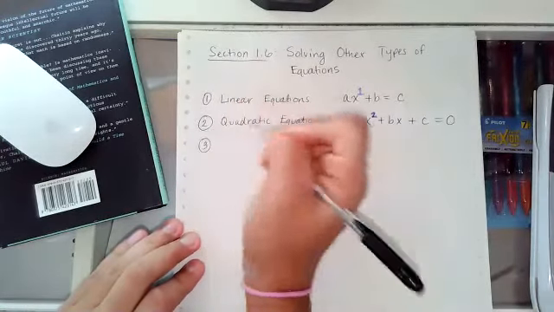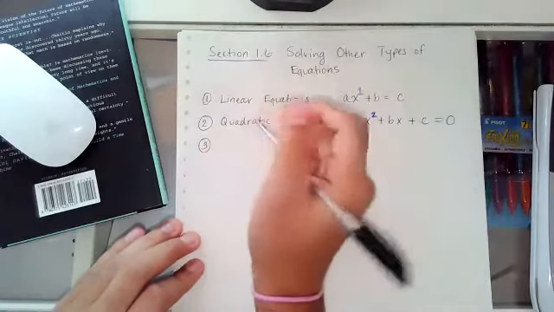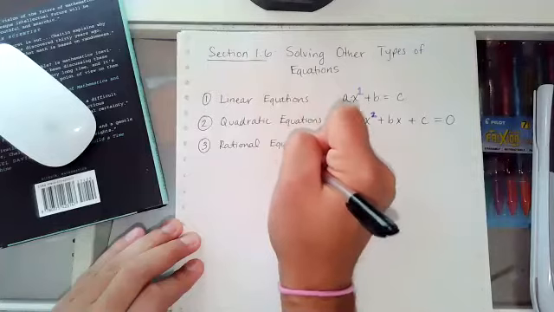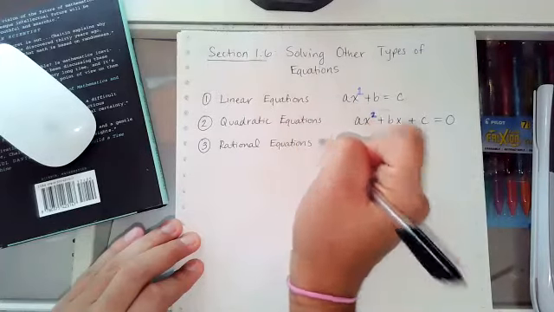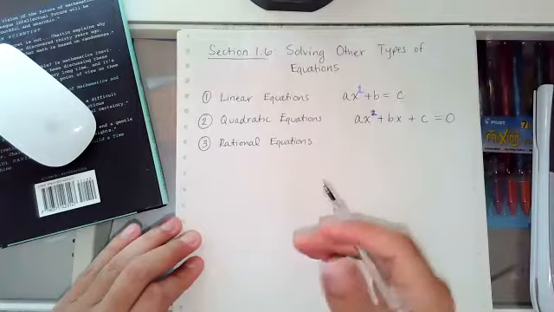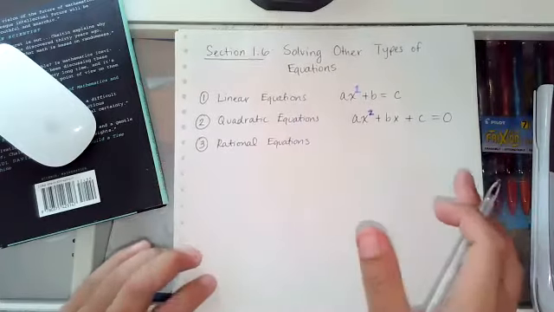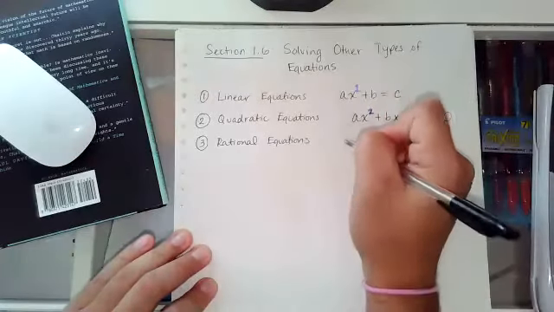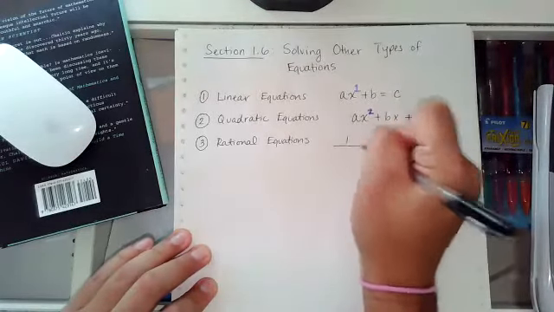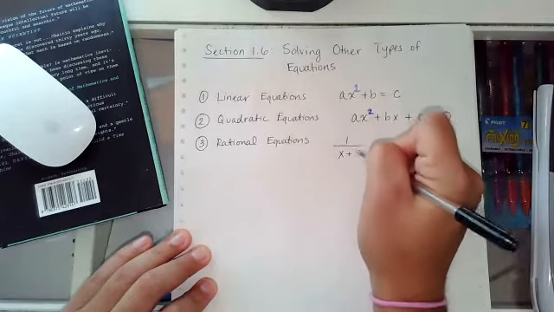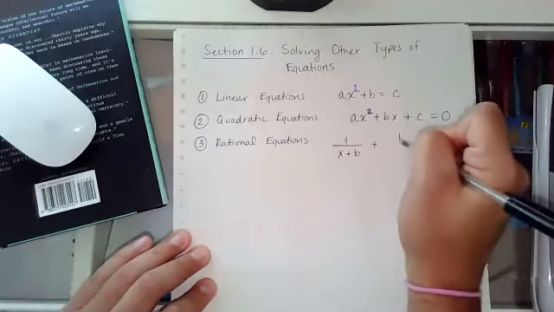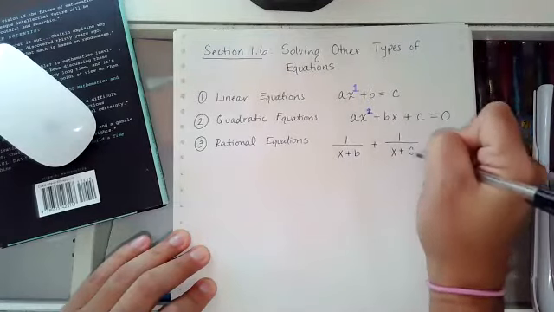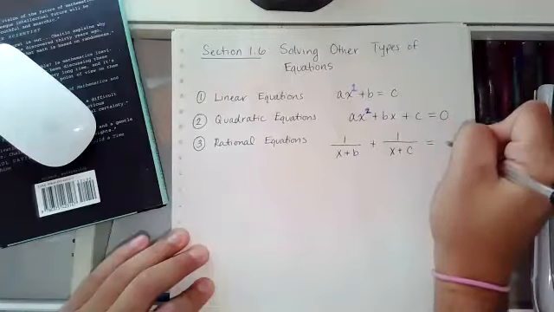Then last time, we started in on rational equations. These are equations that have algebraic fractions in them. There's not one standard form of these kinds of equations, but in general, they look something like 1 over x plus b plus 1 over x plus c is equal to x.